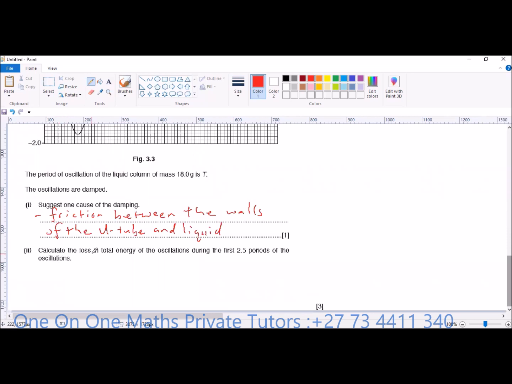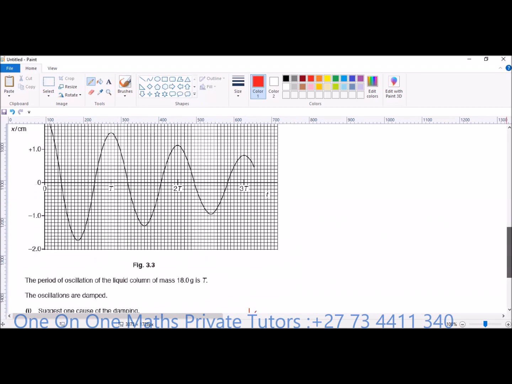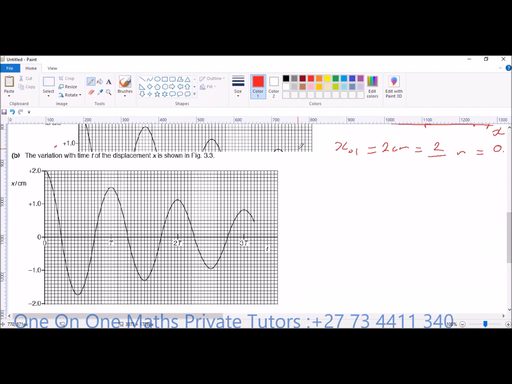Calculate the loss in total energy of the oscillations during the first 2.5 periods of the oscillation. Okay, so what do we know about the energy of the oscillations?